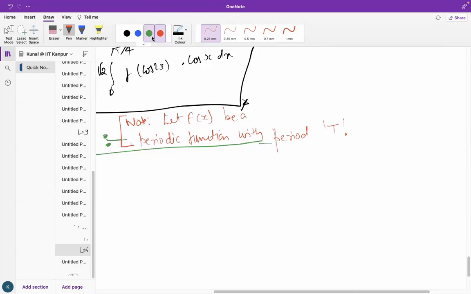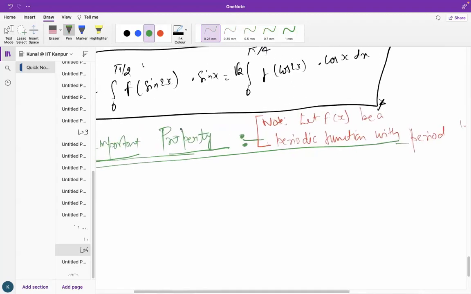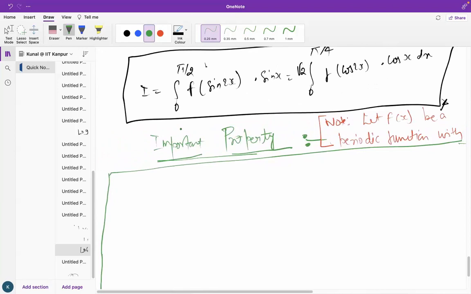You have to note that. Whatever f(x) we write here will be a periodic function whose period is t, right? So actually I think this is our fourth property.